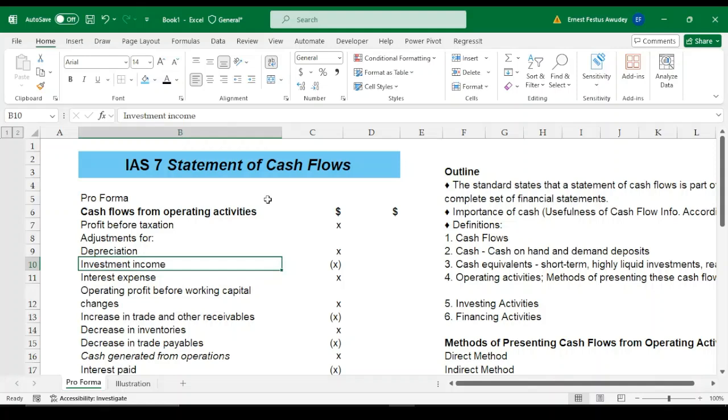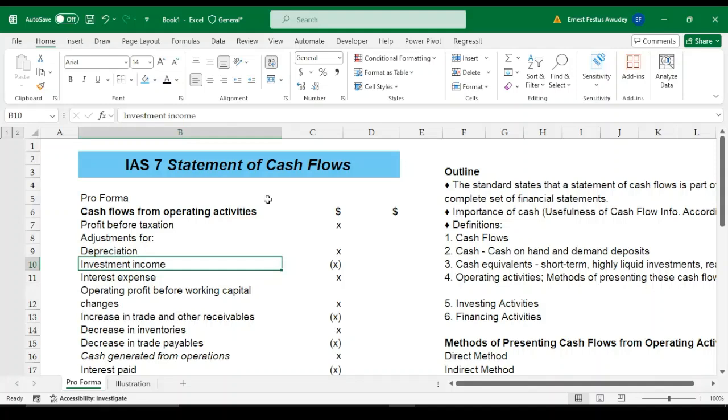So we will pick cash received from customers, cash paid to suppliers, cash paid to our employees, cash paid for other operating expenses, and then we will deduct the tax and interest expense to arrive at the net cash flows from operating activities. So that's the direct method.